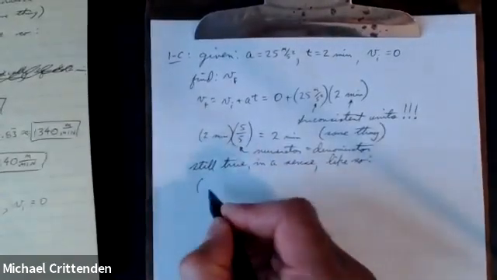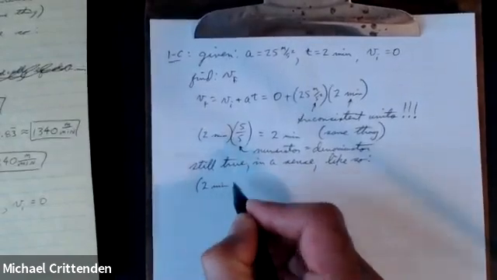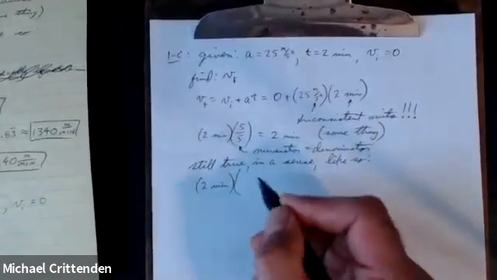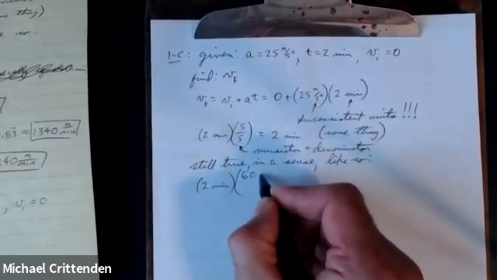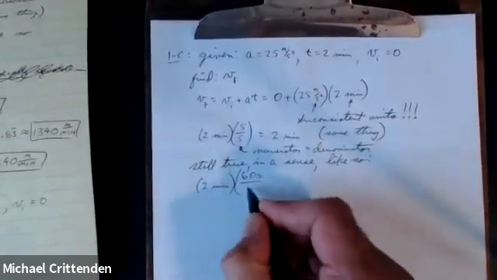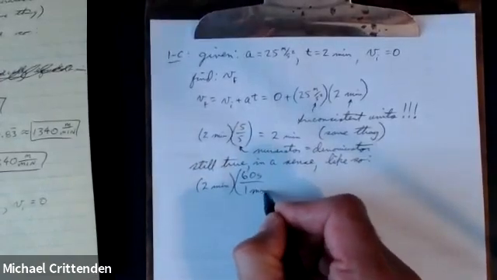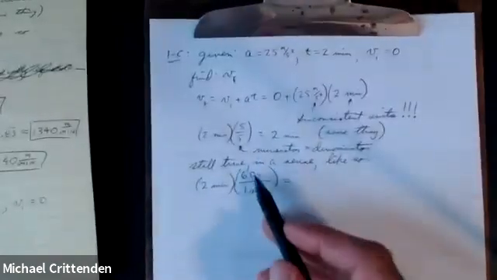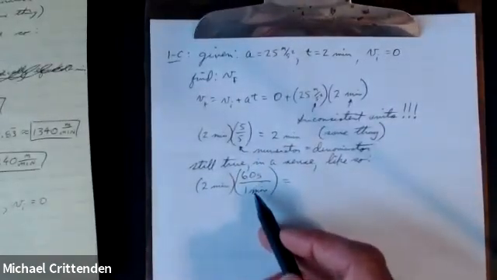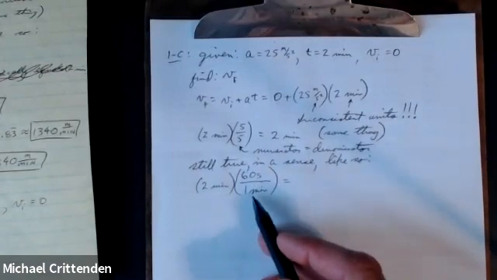If you take your 2 minutes and multiply by 60 seconds over 1 minute. 60 seconds equals 1 minute, right? So I'm multiplying by a fraction where the numerator equals the denominator.